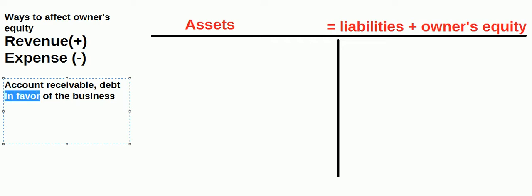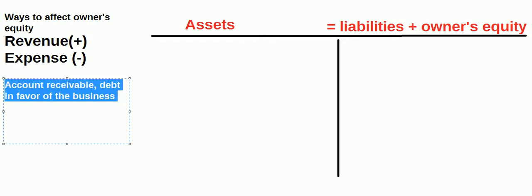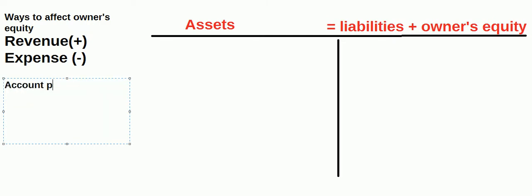On the contrary, account payable is your liability. So you have to make sure you are able to differentiate the two. One is in favor of you, the other one is against you.